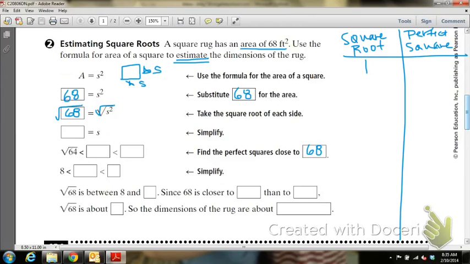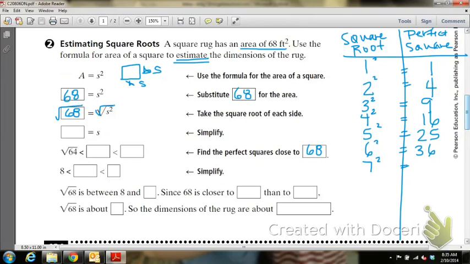So 1 squared is 1, 2 squared is 4, 3 squared is 9, 4 times 4 is 16, 5 times 5 is 25, 6 times 6 is 36, 7 times 7 is 49, 8 times 8 is 64, 9 times 9 is 81, 10 times 10 is 100, 11 times 11 is 121, and 12 times 12 is 144.